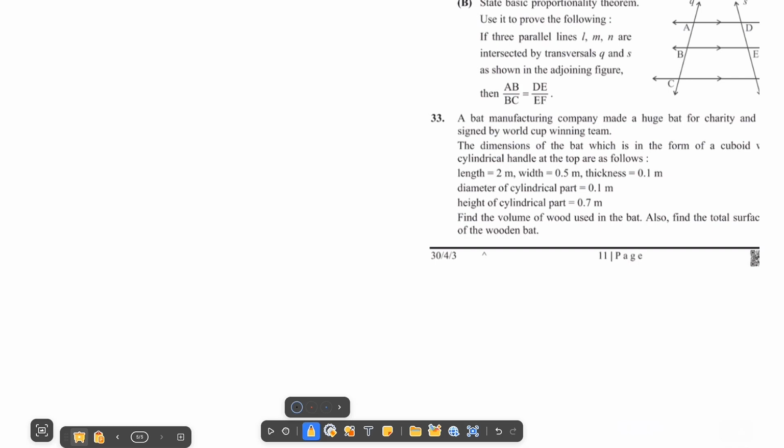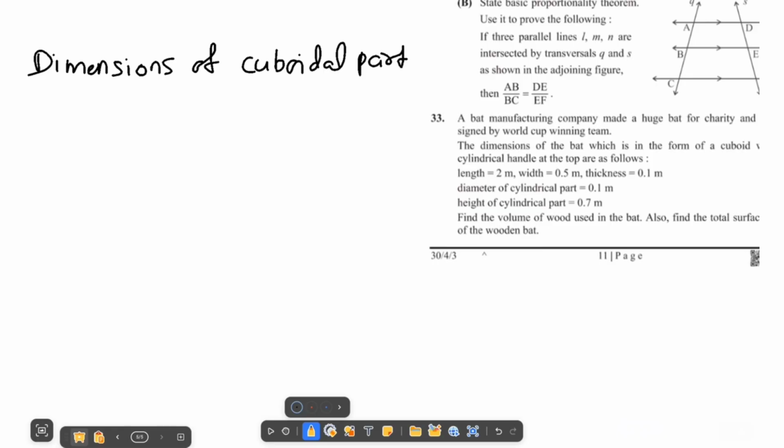So what are the dimensions of the cuboidal part? Length is given as 2 meters.